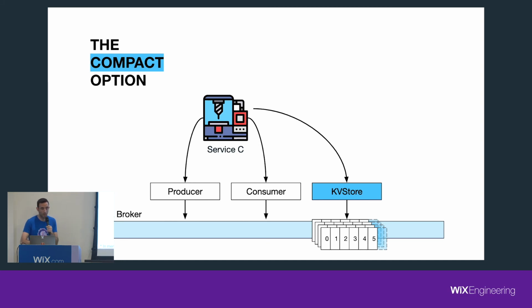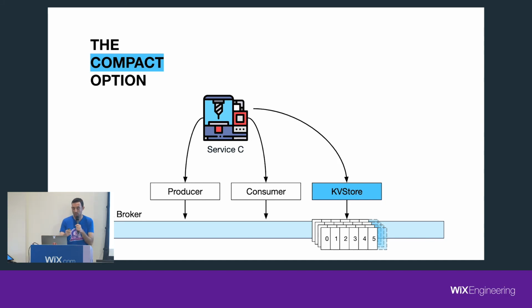We only use it for sizes that can get inside memory and require very, very high throughput because you can access it in memory. And so we wrote a specific code for this. I don't want to get too much into it because it's out of the scope for this talk, but there's also this option with Kafka for using compact topics.